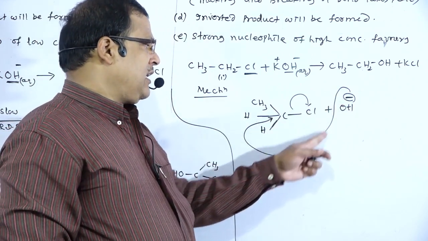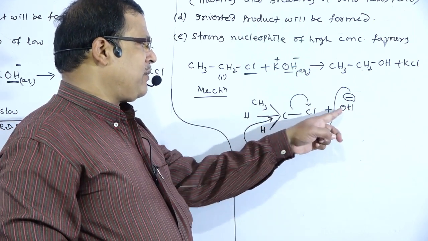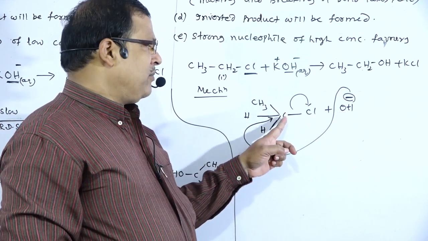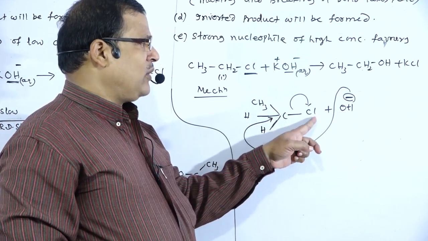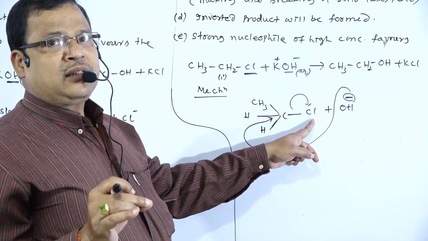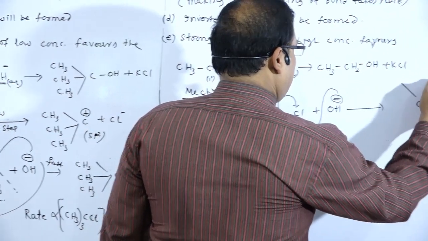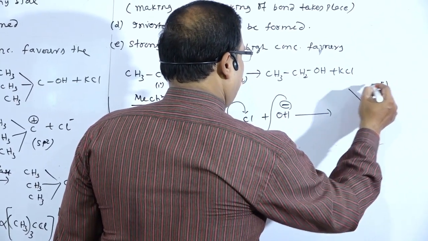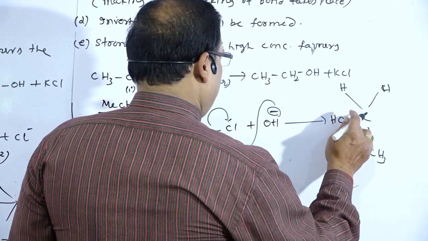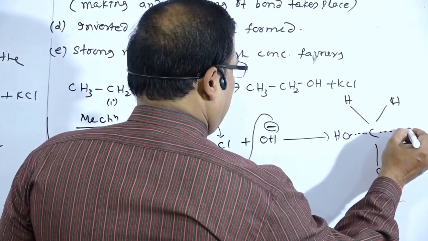So backward attacking of the nucleophile means the formation of a bond between carbon and OH group, and simultaneously there is the breaking of the carbon and chlorine bond, and the reaction proceeds through a pentavalent transition state, an inverted structure, with H, CH3, OH, where making of the bond and breaking of the bond take place.